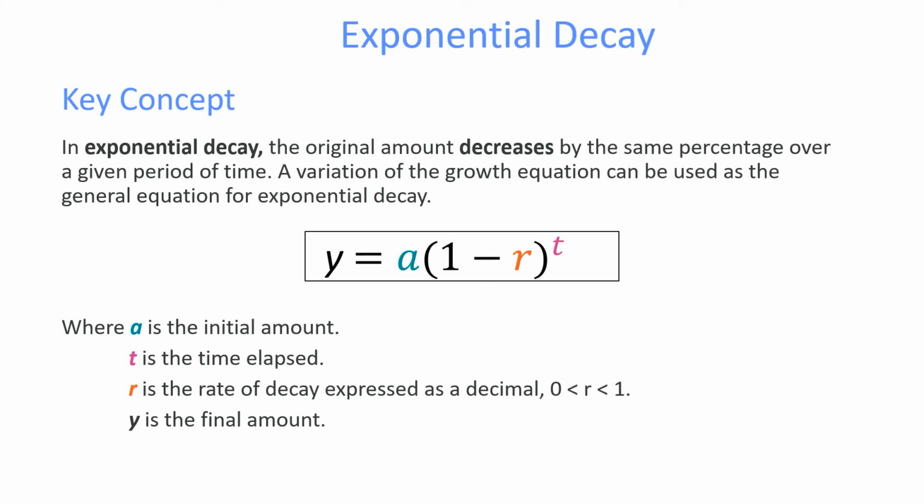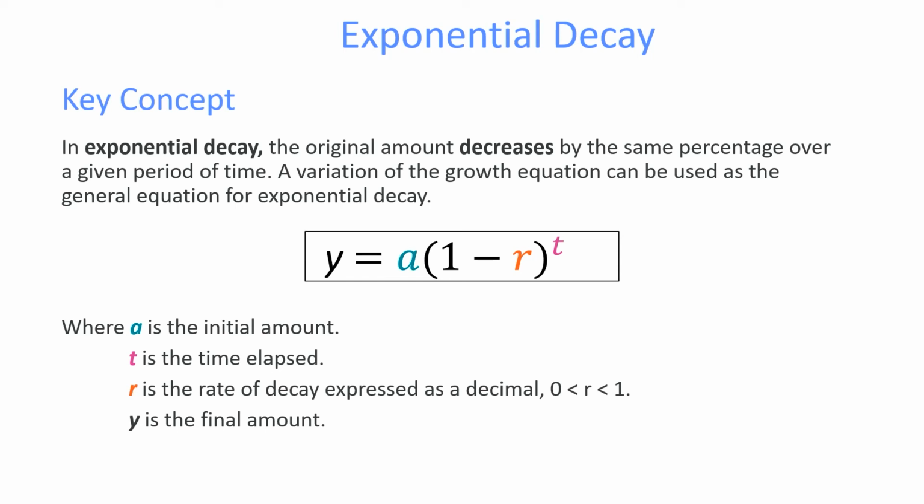Exponential decay operates in a similar fashion to exponential growth, but in exponential decay, the original amount decreases by the same percentage over a given period of time. A variation of the growth equation can be used as the general equation of exponential decay.